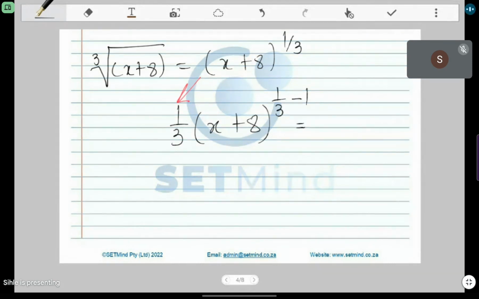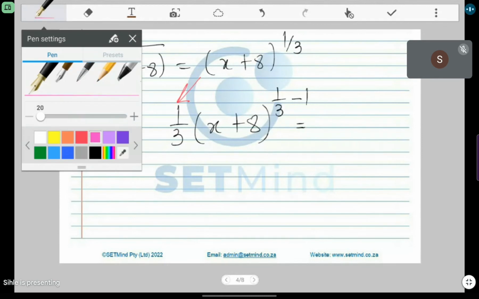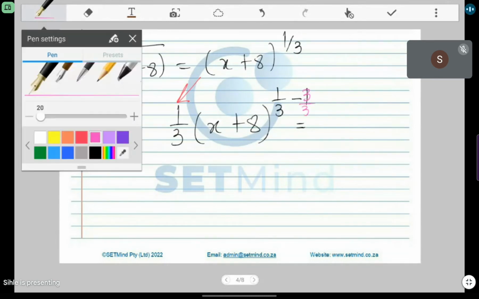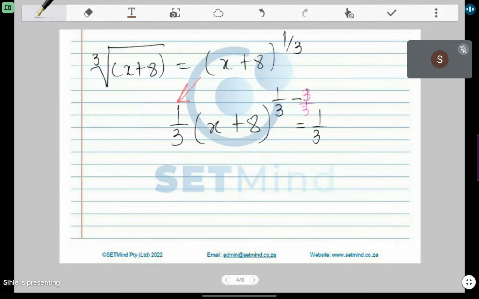My 1, I can simply write as 3 over 3. So this is going to be 1 over 3 x plus 8 to the power of negative 2 over 3.